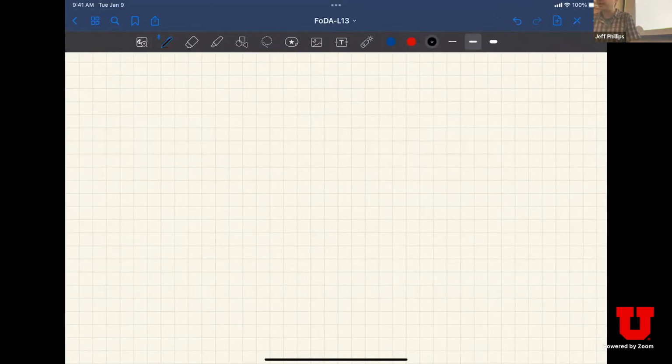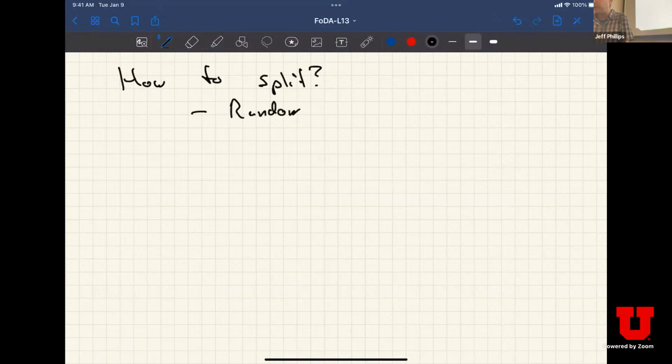One more variant worth mentioning is that there are lots of questions of how to split, and the first answer is random. If everything is IID, you technically don't need to do random, but it's safer in case someone sorted your data for you.